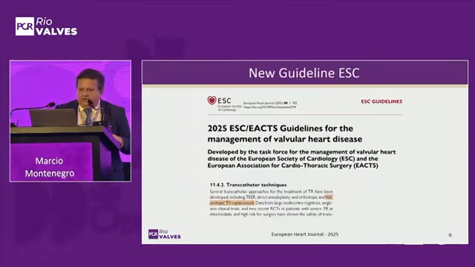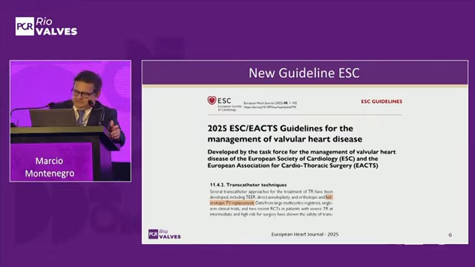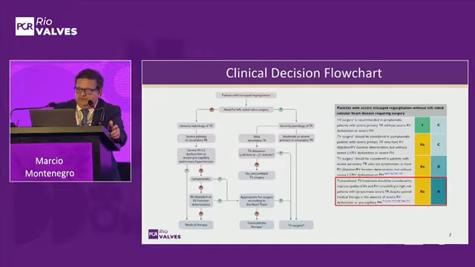So it's important to see that sometimes it's hard to maintain the results at the end of 12 months of follow-up. The good news is the new guidelines from the European Society has changed for some indications, and it included the heterotopic transcatheter valve replacement. And when we see this flowchart, you see that the most important is at the left side, because the right side is okay.